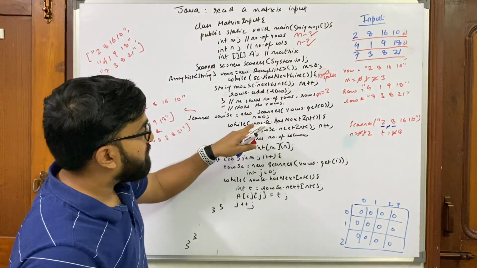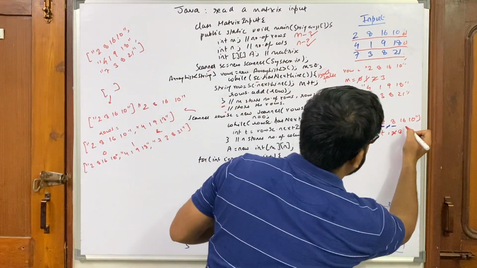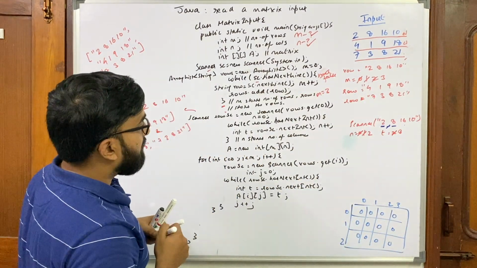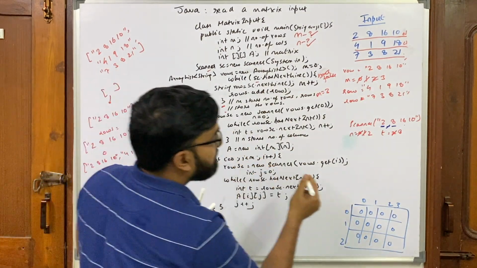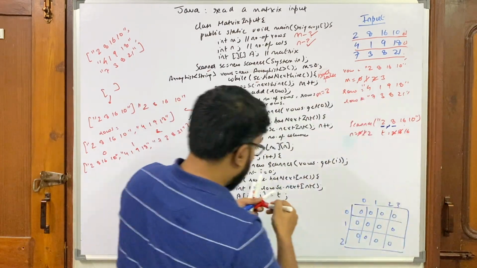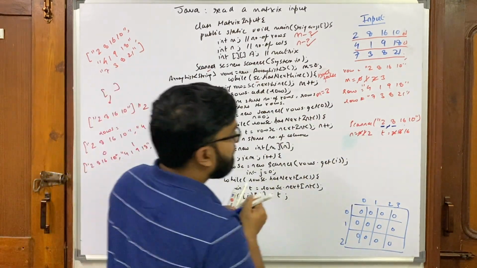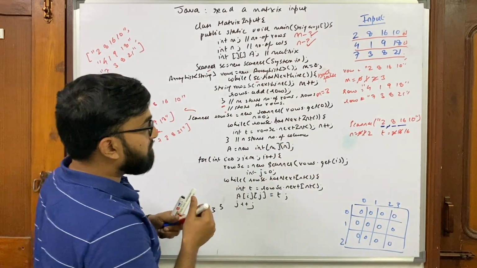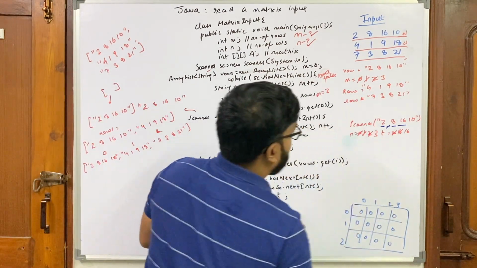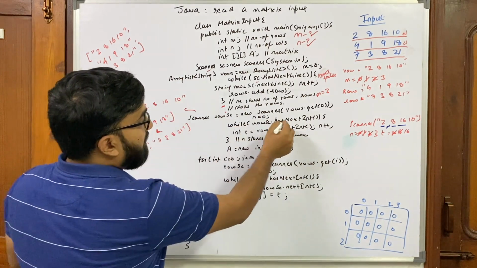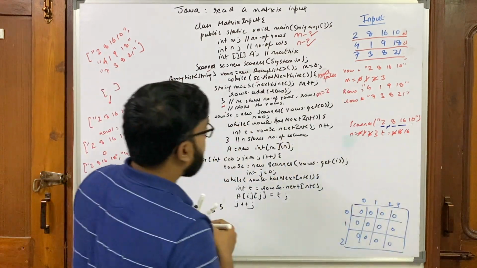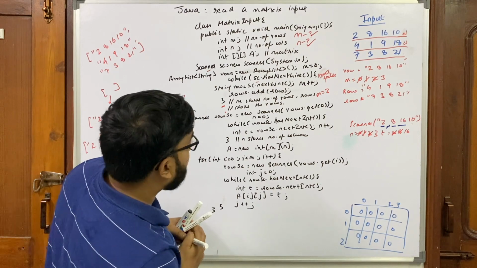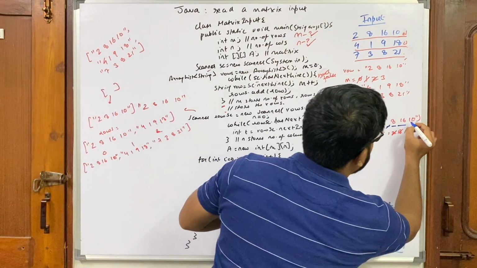You go back to check the condition, has next int is true since 16 is still there. You do t is sc.nextInt, t becomes 16, so the part used from this scanner input is 16, and n becomes 3. You go back to check the condition again, 10 is still there. You do sc.nextInt, so this part is also consumed.